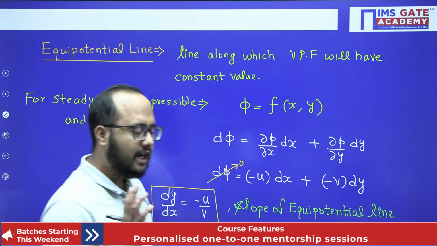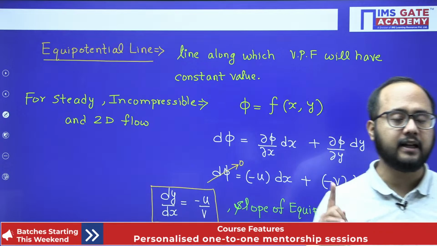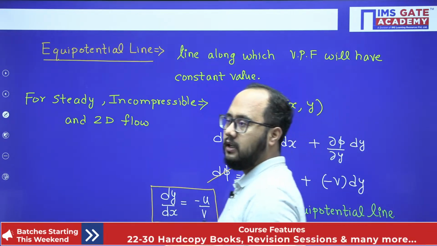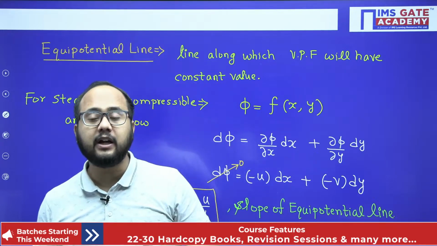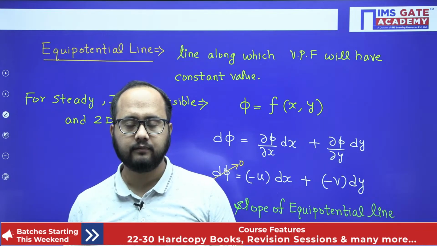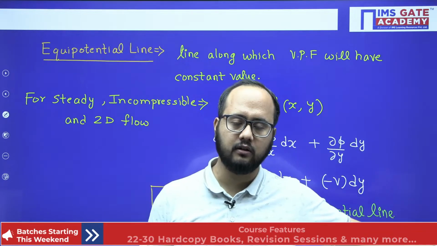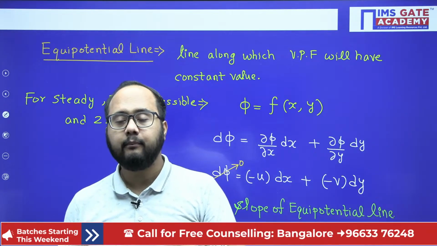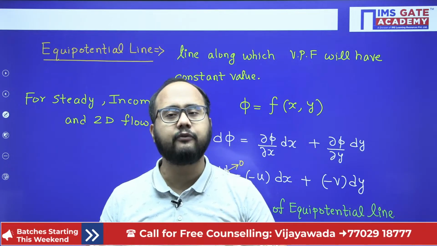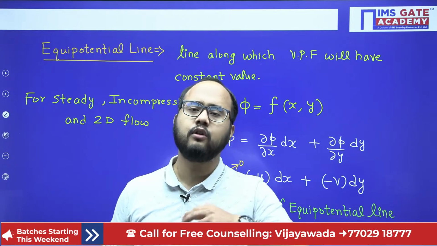So what are the things we have discussed in VPF? I'm telling you again. First point: for the existence of VPF, that is the velocity potential function, it should satisfy the Laplace equation, and I've already told you what the Laplace equation is. Second, by default the VPF is valid for irrotational flow, not for rotational flow.